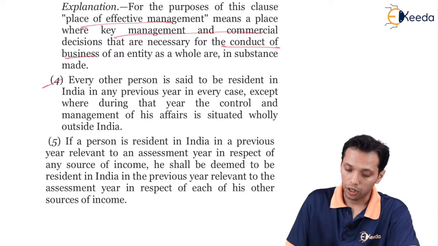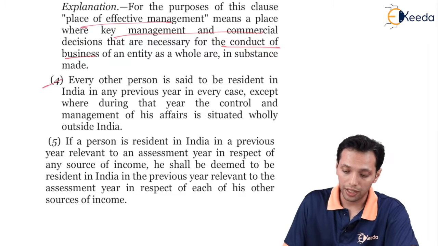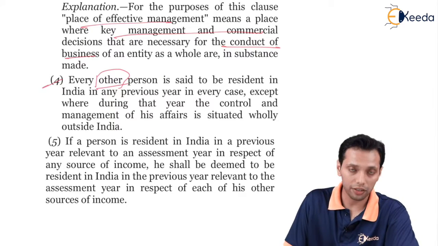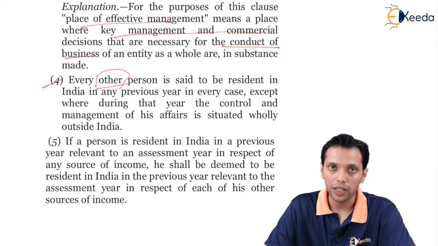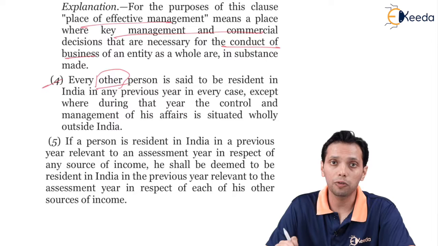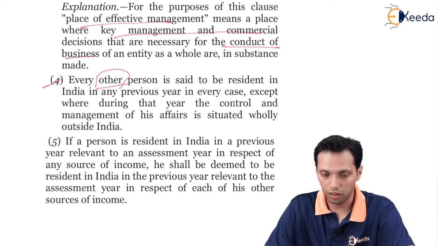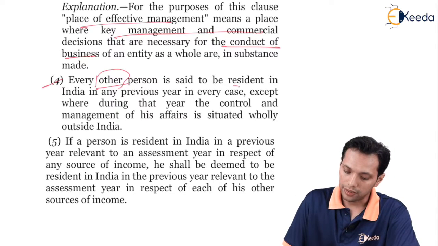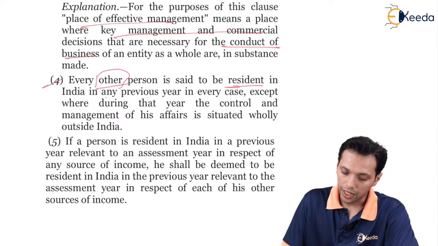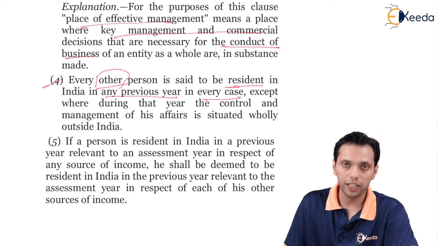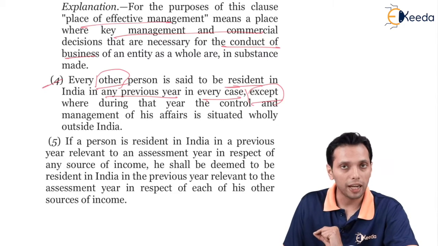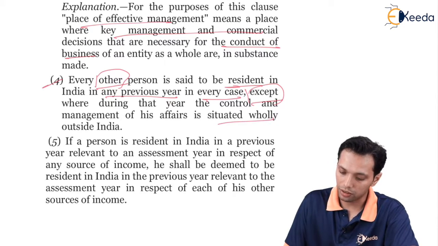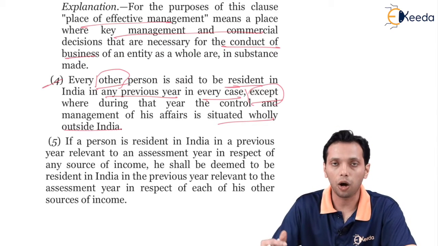Subsection 4 and 5. Subsection 4: every other person is said to be resident, so it is a residual category. Subsection 2 was relevant for firm, AOP and HUF, subsection 1 is relevant for individual, and subsection 3 is relevant for company. Every other person not covered above is said to be resident in India in any previous year in every case, except where during that year the control and management (CNM) of his affairs is situated wholly outside India.